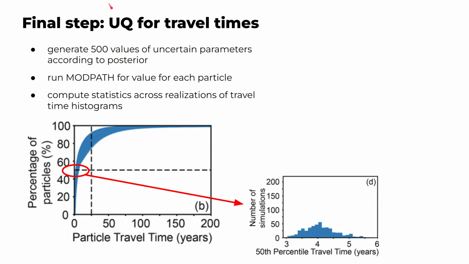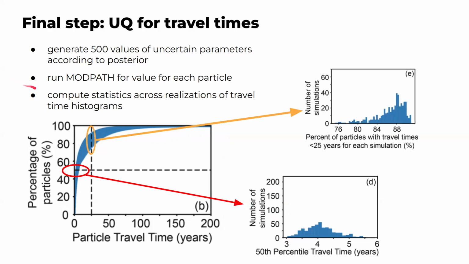Varying the values of the flow parameters within their posterior uncertainties, the median travel time is around 4 years, and in any case not less than 3 and no more than 5.